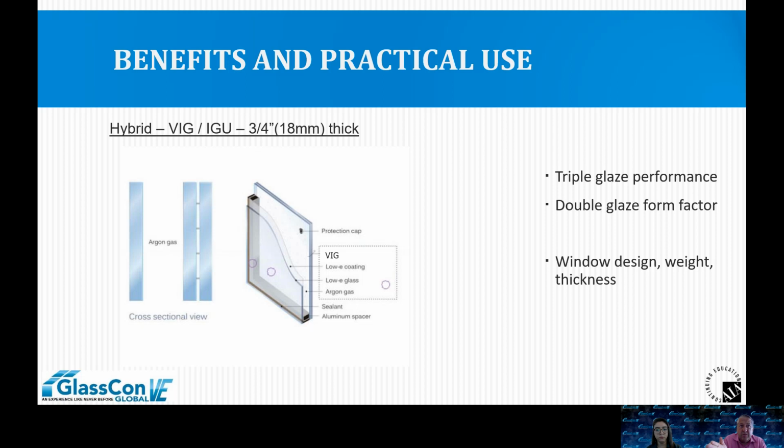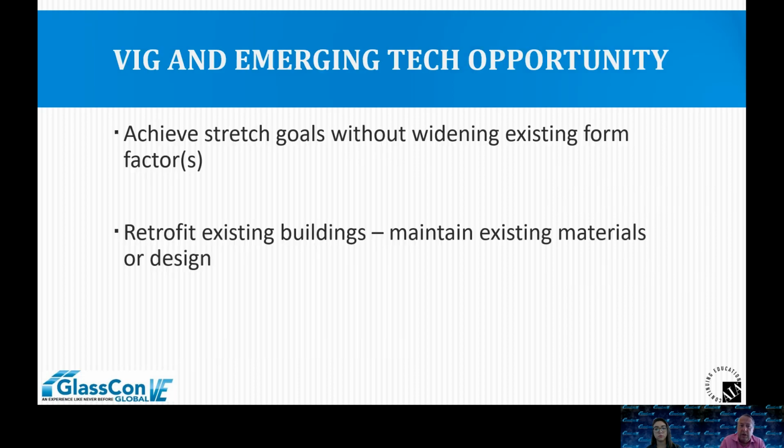So if you are having to hit those stretch goals, instead of having to convert everything over to a regular triple glaze, you can just convert the glazing component, put this hybrid VIG in where your regular double glaze would go. Now you're getting triple glaze performance that you can still do the same extrusions, the same weight, the same sizes. The only thing you're changing is the glazing component. So we see that as being potentially good.